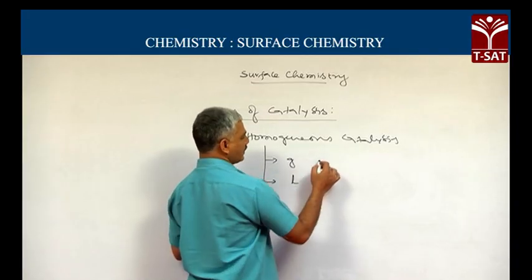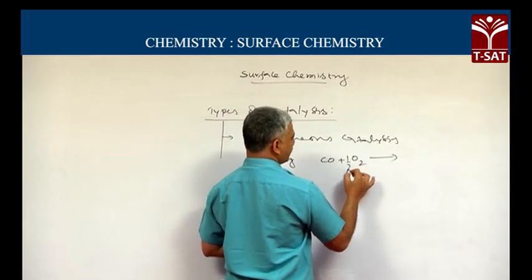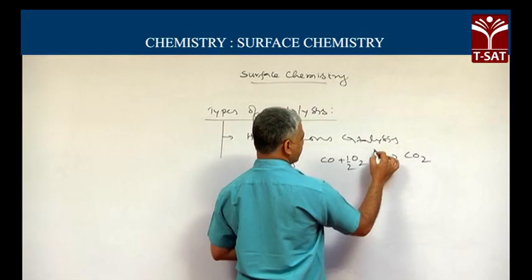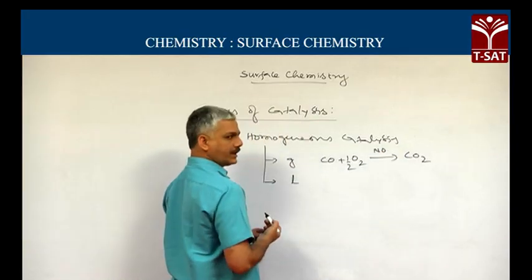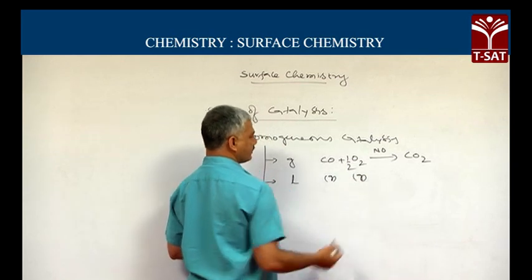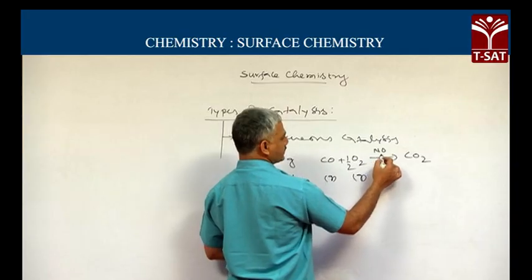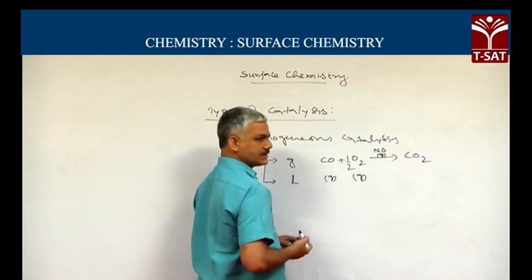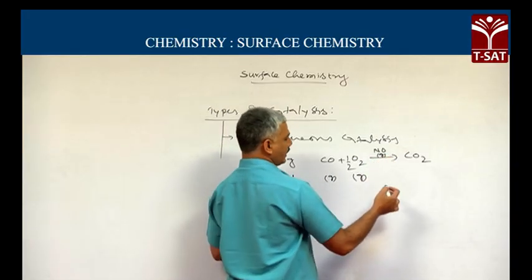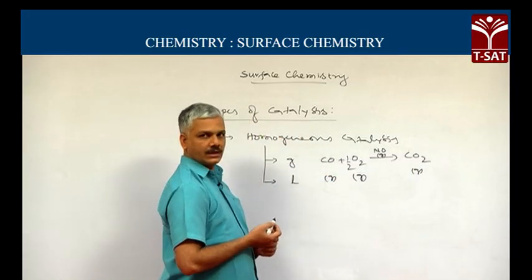For example, carbon monoxide can be oxidized to carbon dioxide in the presence of nitric oxide. In this reaction, the reactants carbon monoxide and oxygen are gases. The catalyst used, nitric oxide, is also a gas, and in this particular case, the product formed is also in the gaseous state.